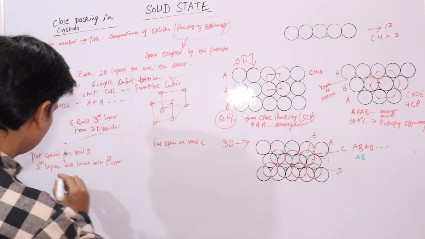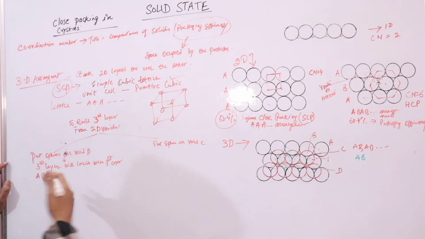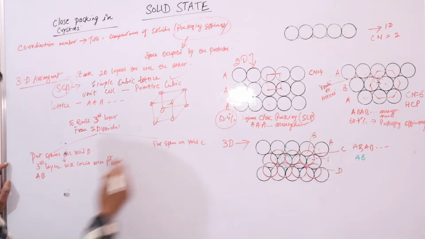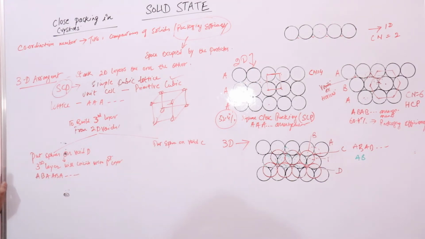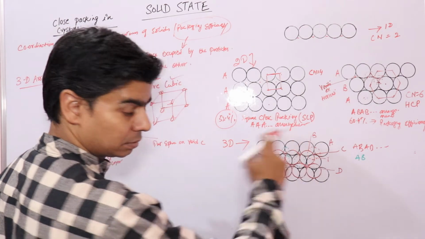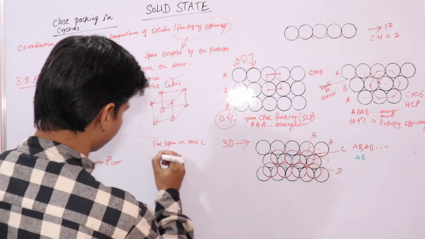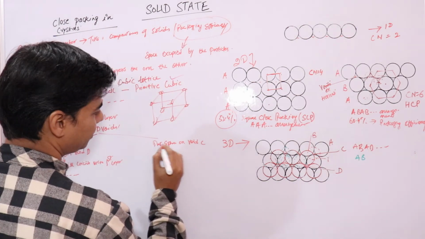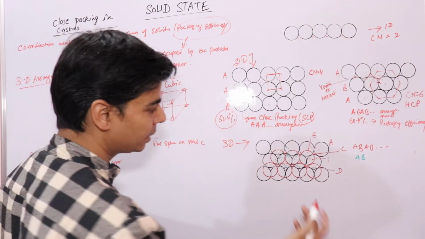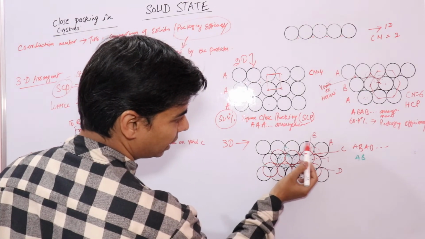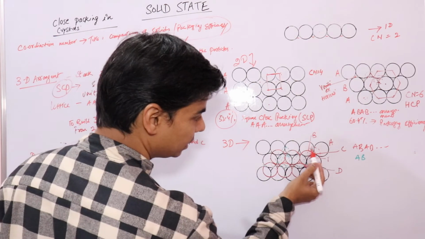So here I get this kind of arrangement, A, B, and the third will coincide with the first, the A type of layer, ABA arrangement. And if I put the sphere onto these voids of the first layer, I get a new type of layer which is C layer. I put the sphere on void C. This is a new type of layer because this does not coincide with either A or B. This is a new type of layer, C layer.